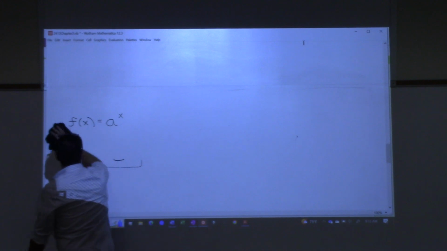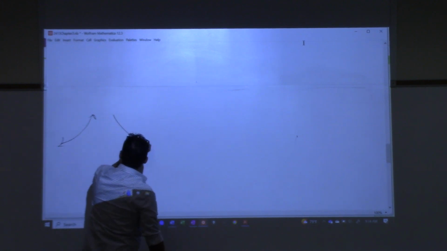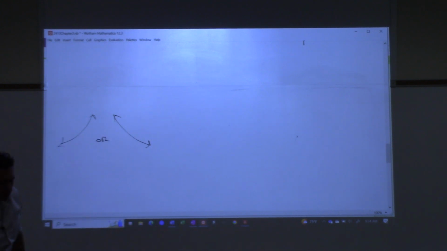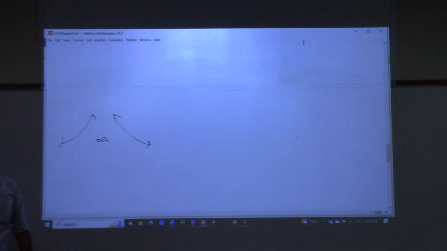All exponential functions, when you graph them, we just saw they look like this or like this, right? It's one or the other. So if I tell you to look at those graphs, are they functions? Yes. How do you know? They pass the vertical line test. Do they have inverses? Yes. How can you tell they have inverses?